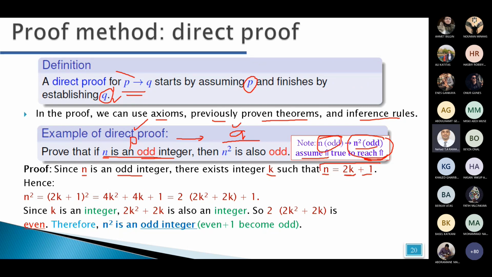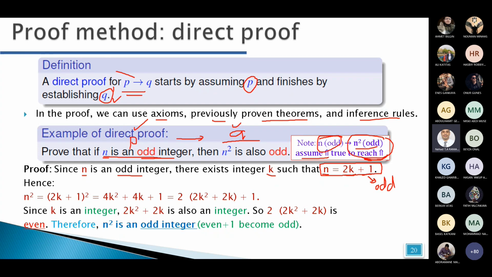This is actually the general form for any odd integer: 2 multiplied by an integer plus 1.